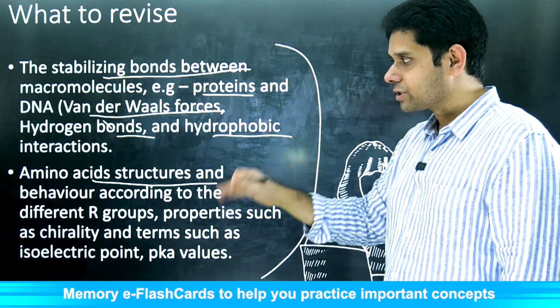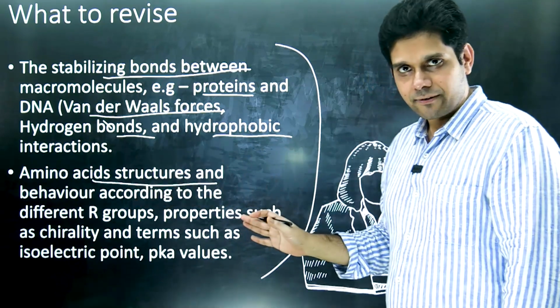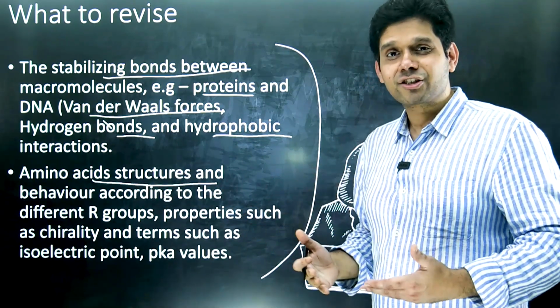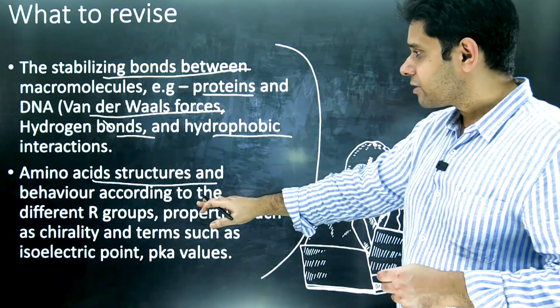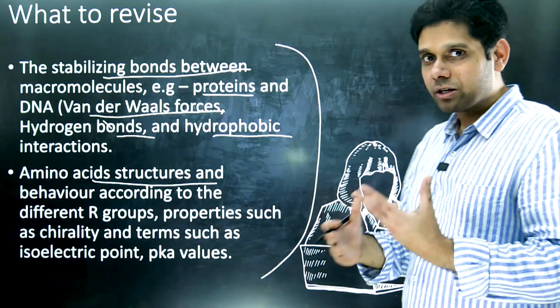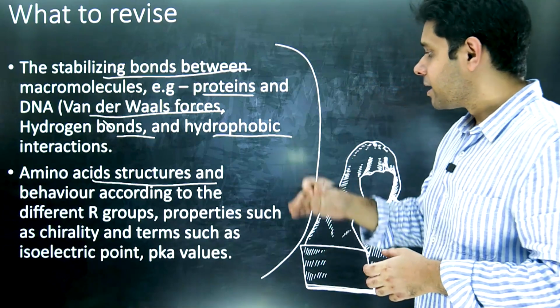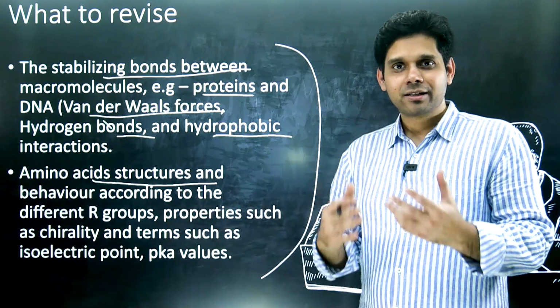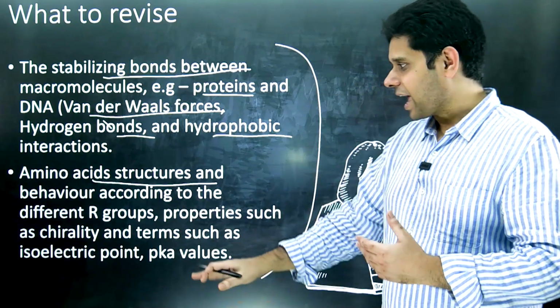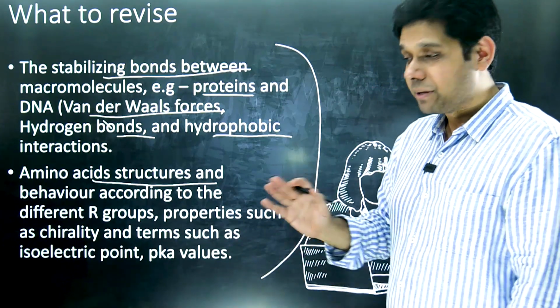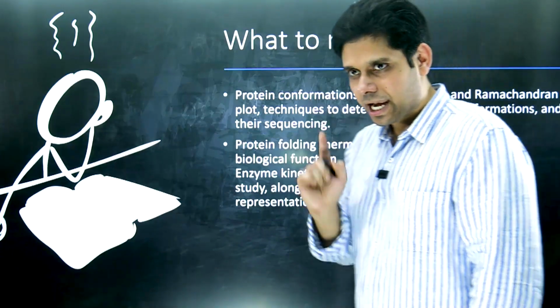Don't skip. Amino acid structures, very, very important. Remembering the structures is also very, very important. Behavior according to different R groups. What is the chemical behavior of these amino acids? Properties such as chirality, the mirror images, and isoelectric point, pK values, very important.